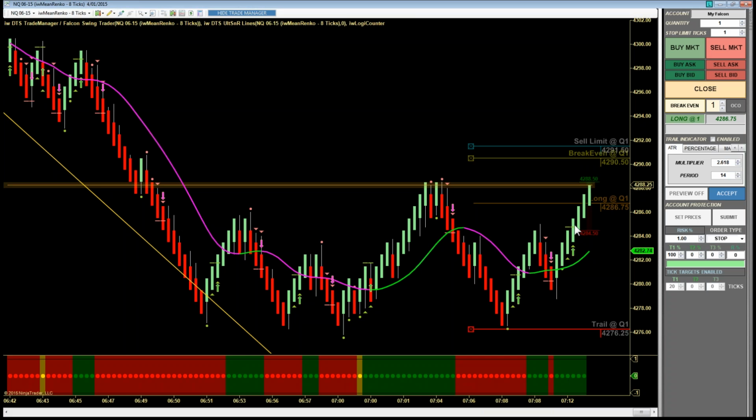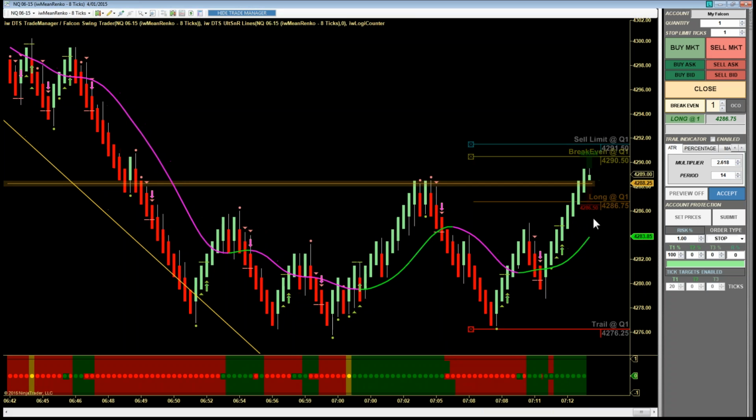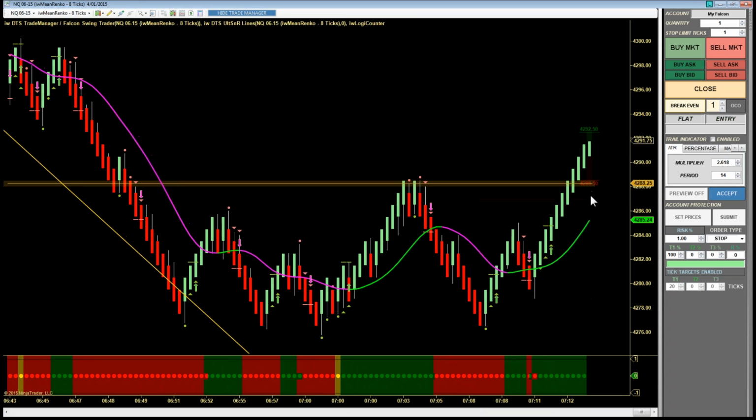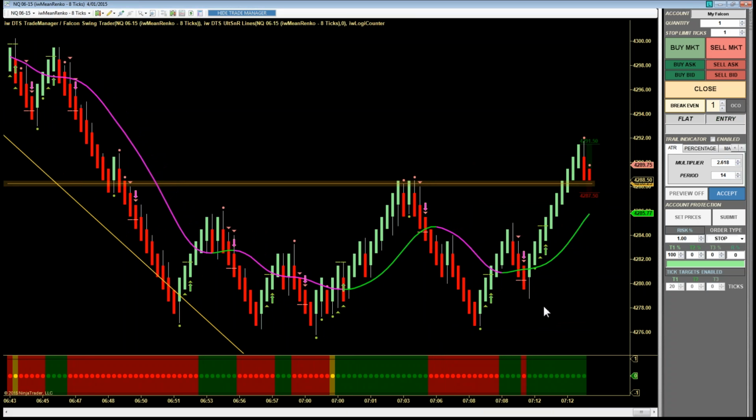Now, ideally, I wanted to enter a little bit down here, so I've got a little bit of slippage, but let's see if we can't get it up there. Okay, trade rolls to break even automatically, and voila. We pick up a little bit of profit for our trouble on a very predictable little trade. These late filter entry signals, very, very powerful signal.